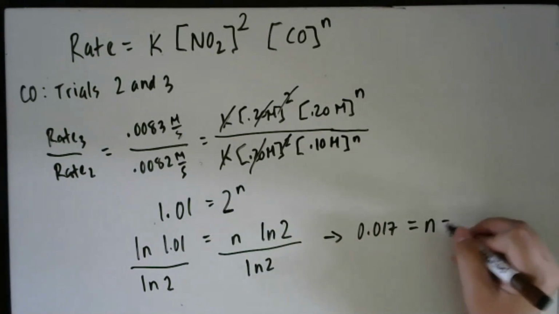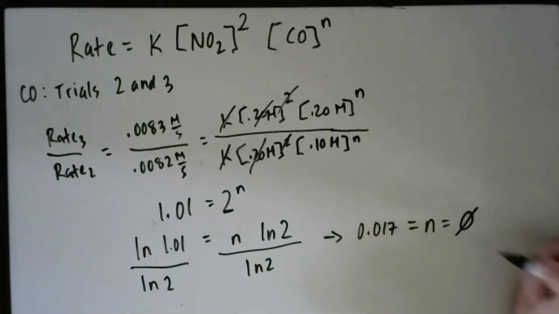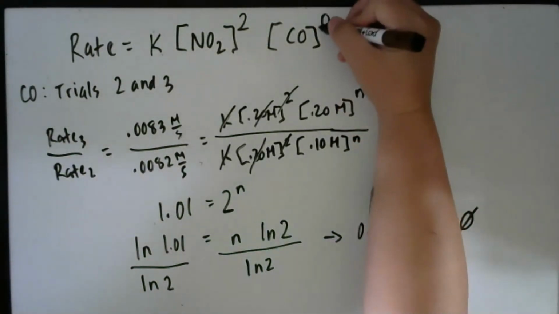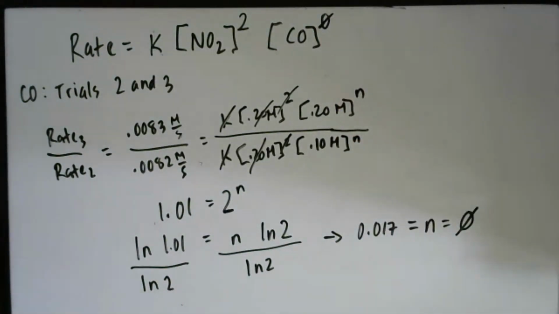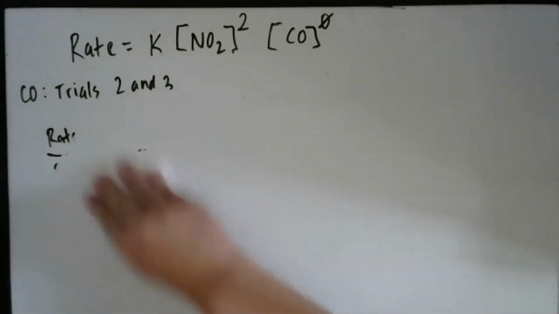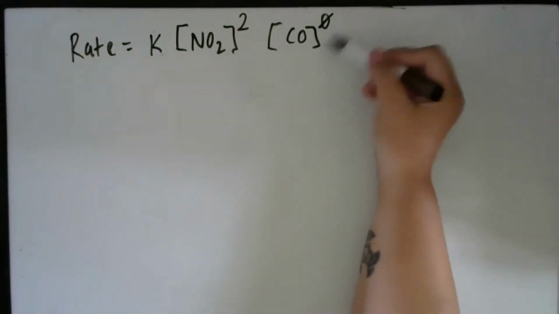So we're going to say that carbon monoxide is going to be a 0 order reactant. So for this n value up here, we know that it's 0. Now that we've done this, we have a rate law for this. When you have a 0 order reactant, anything that's raised to the 0 power is going to be 1.